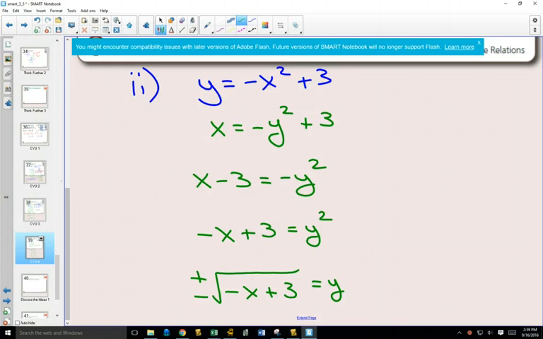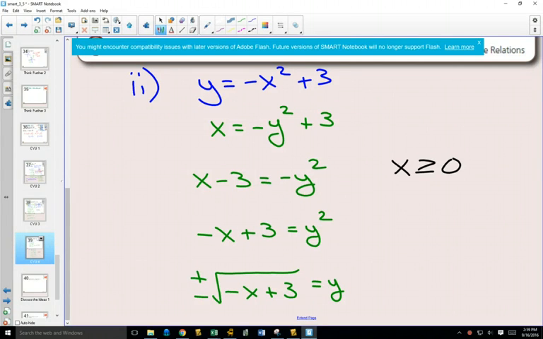Now, since we only had half of the parabola to begin with, because there was a restriction on the domain, we know that we're only going to have half of this answer. We have to find out, are we going to have the positive part, or are we going to have the negative part? Now, the restriction on the domain was that x was bigger than or equal to 0.